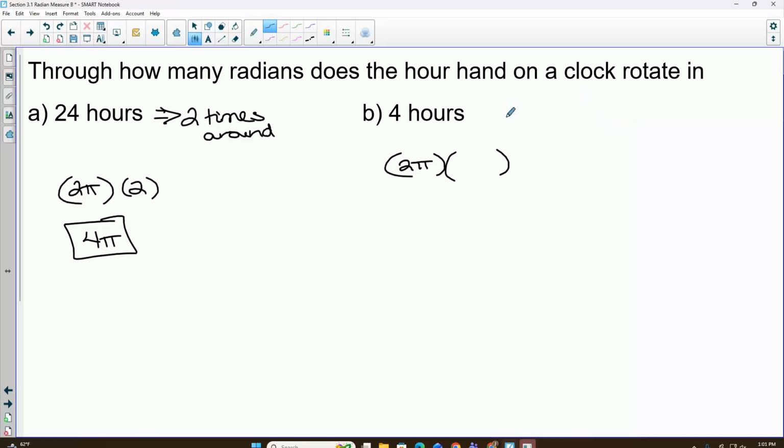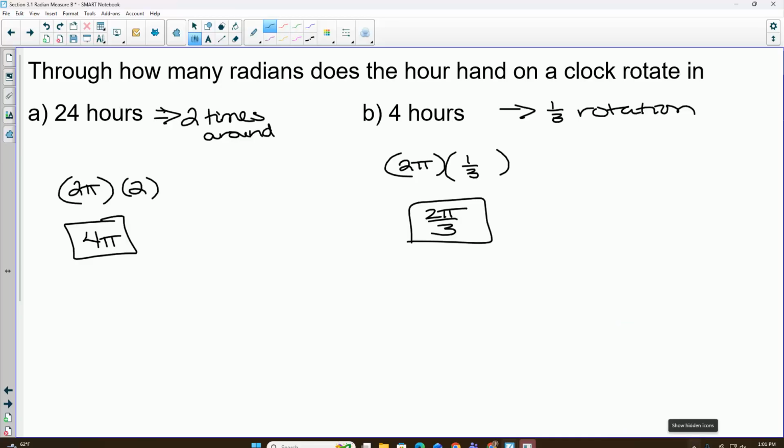A third. All the way around is 12 hours, so 4 hours is 1/3. So this would be 2 pi times 1/3, or 2 pi over 3.